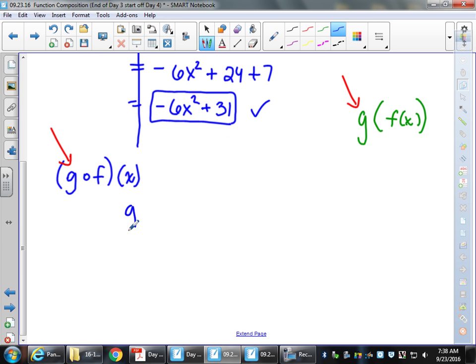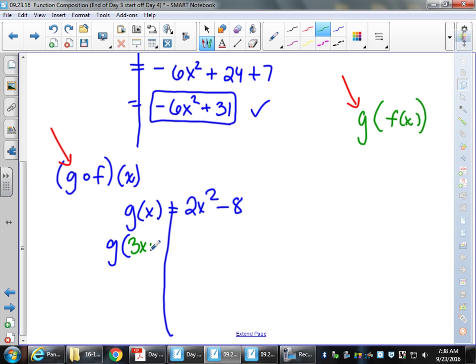So let's work from g of f of x, because that seems to be a little more comfortable for us. G of x, my starting function says what? Good. That's my guide. What is getting substituted into g? Which is what? 3x plus 7?